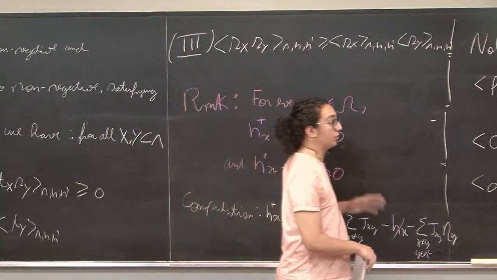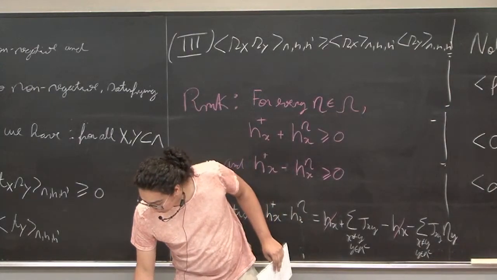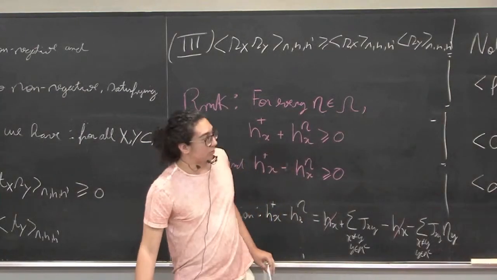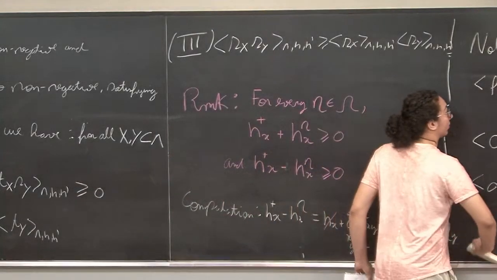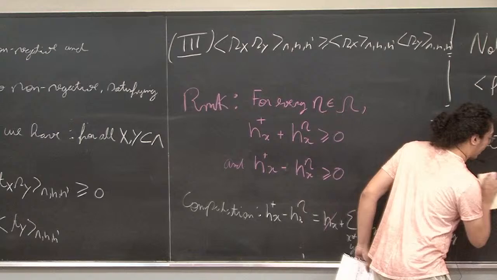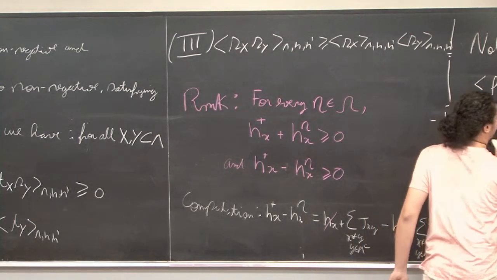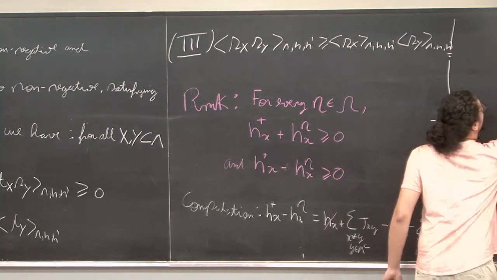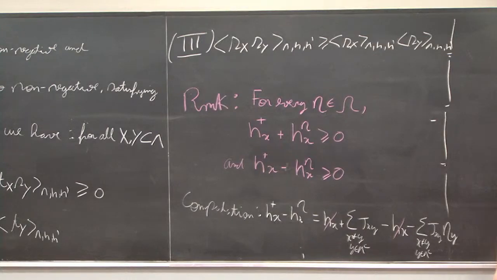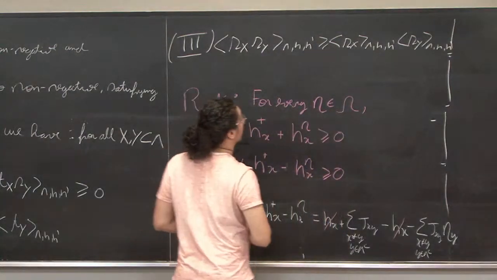That's the one we're going to use. Maybe if I have time, I might even write it down. Okay, I think I'll manage it. So let me write the equations we're actually going to use. So let's say corollary.